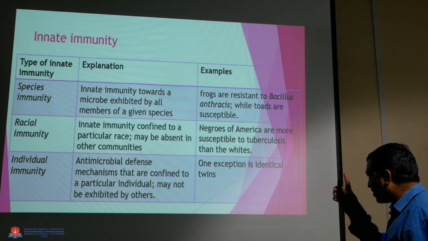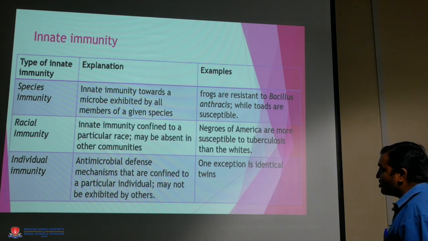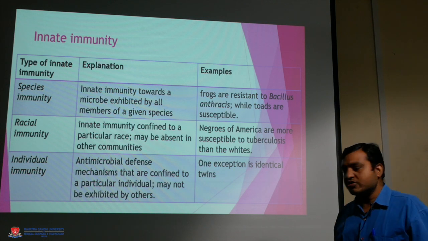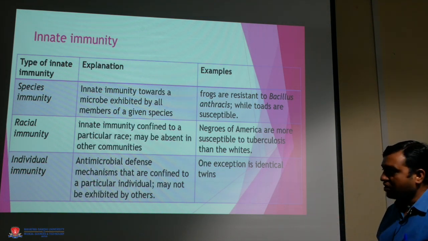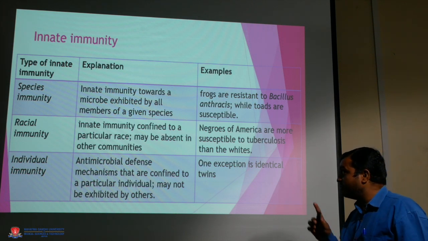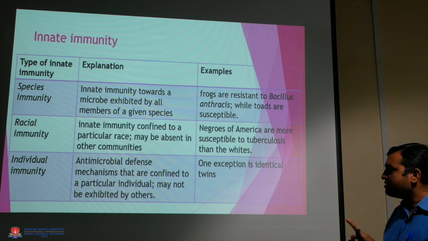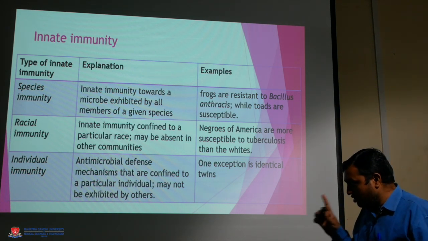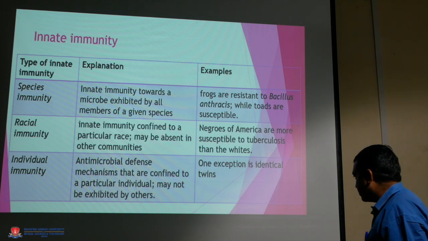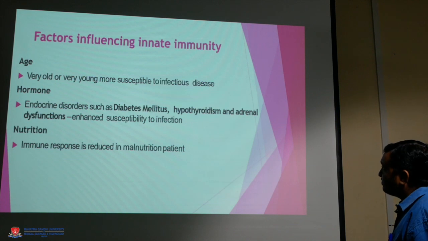For example, Black Americans are more susceptible to tuberculosis than whites. Third, individual immunity: antimicrobial defense mechanisms that are confined to a particular individual and may not be exerted by others. One exception is identical twins.